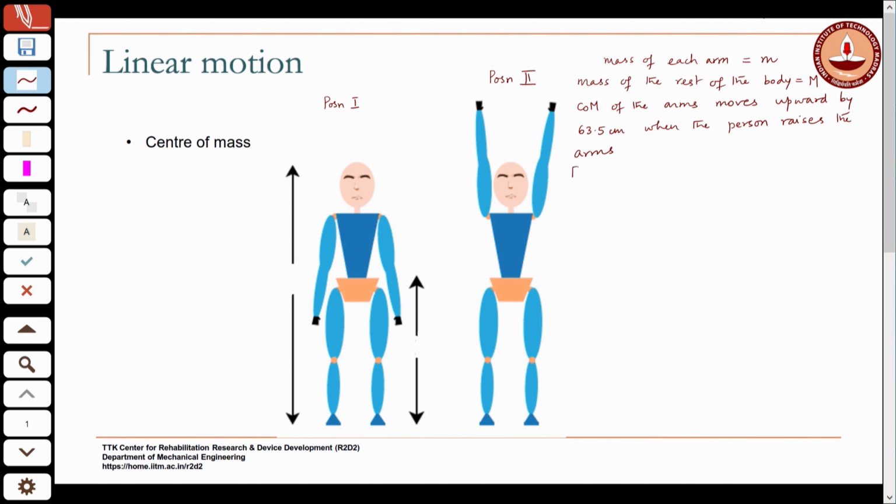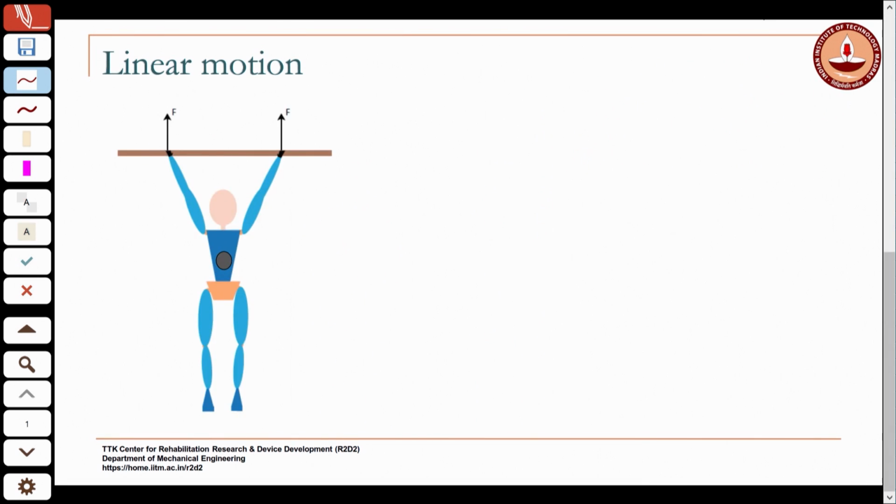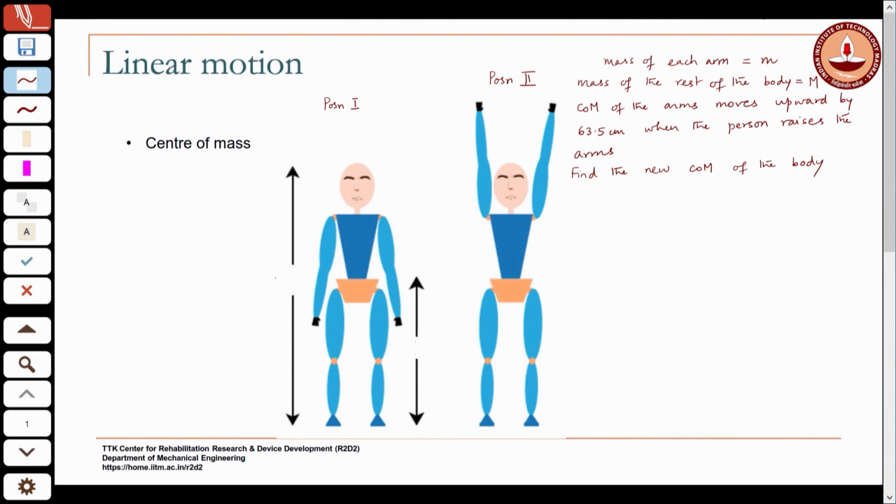So, what we want to do is to find the new center of mass of the body. What we are given: the height of the person is 175 centimeters, and the person is standing straight.